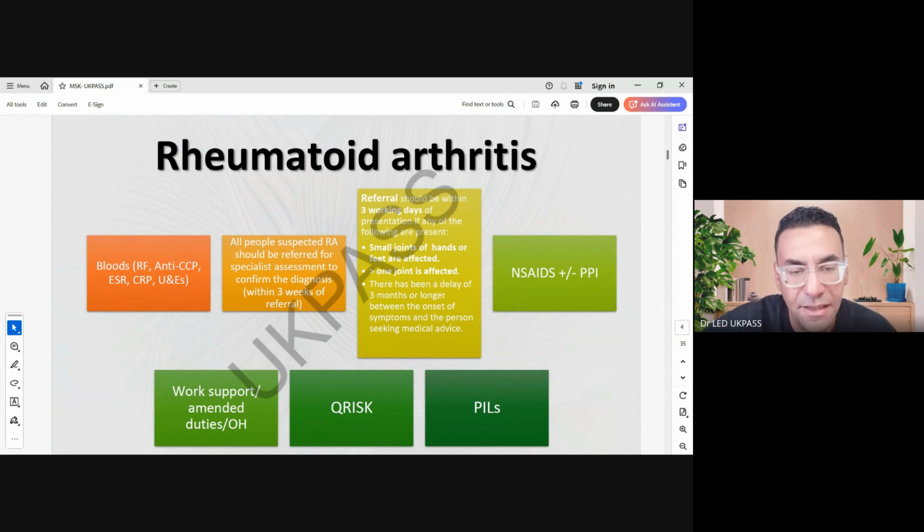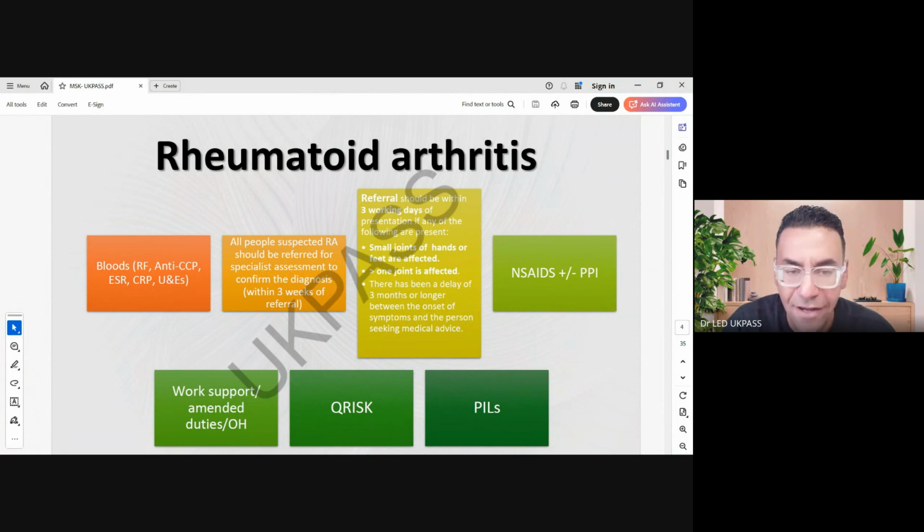Not all MSK conditions require blood tests, and I'm sure you're all aware of that, but there are some that do. If they do, you always need to consider ESR and CRP.